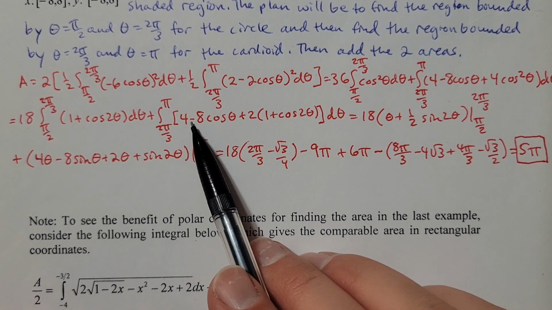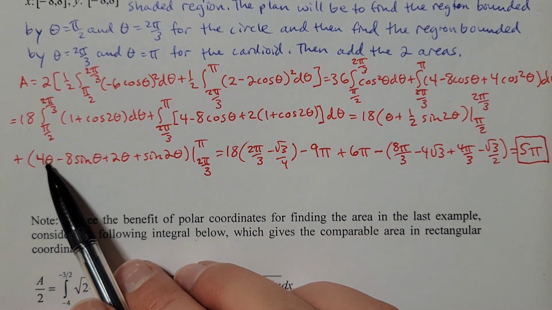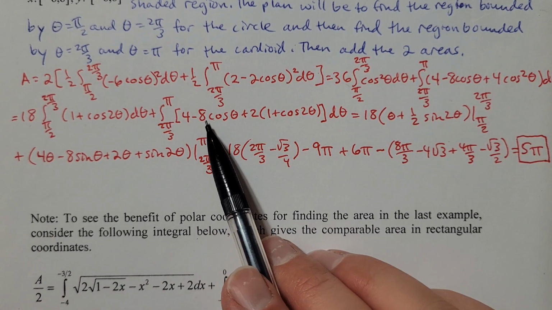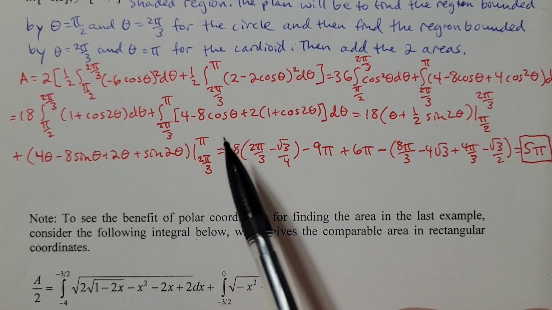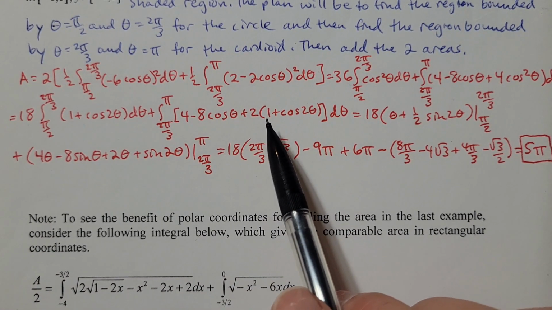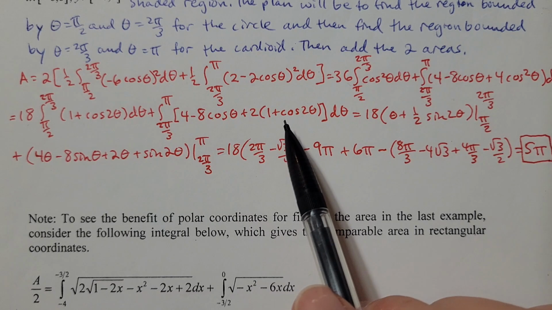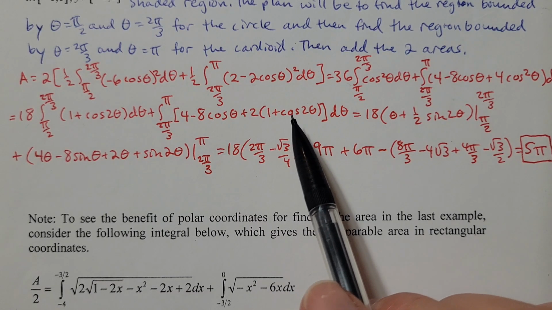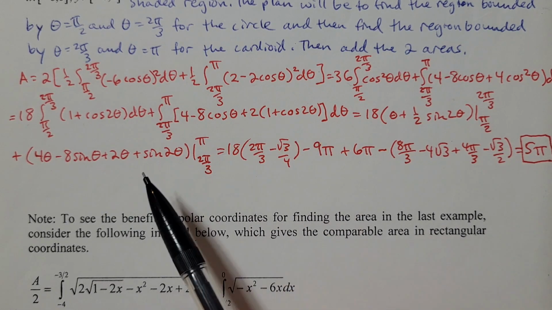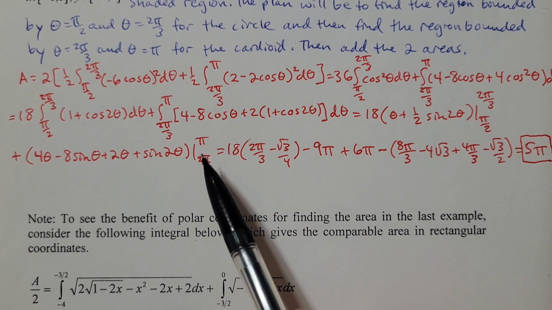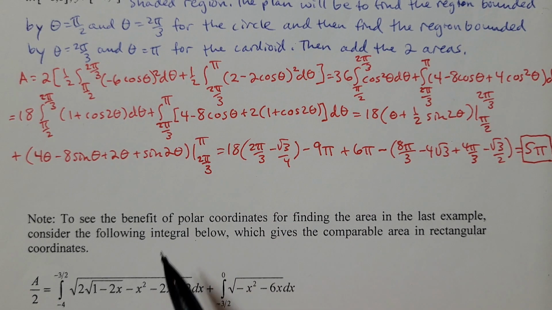And then it's going to be plus 4 theta minus 8 sine theta plus 2 theta plus the antiderivative of 2 cosine 2 theta, which would be sine 2 theta. Okay, and we're going from 2 pi over 3 to pi with that.